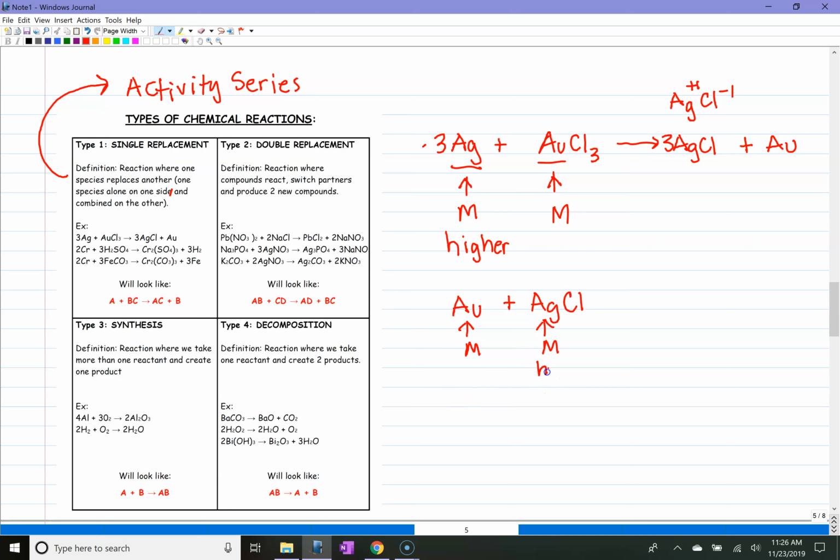Now, silver is higher. The element in the compound is higher. And because of this, we would see that we would have no reaction. Gold is not going to replace silver because gold is less reactive than silver would be.